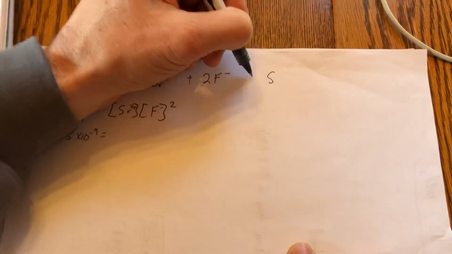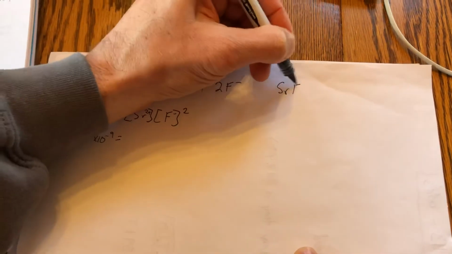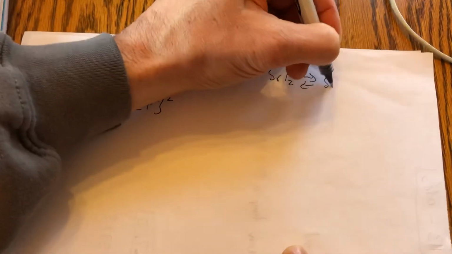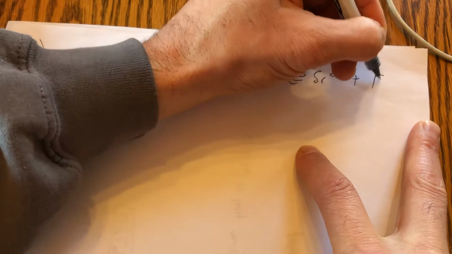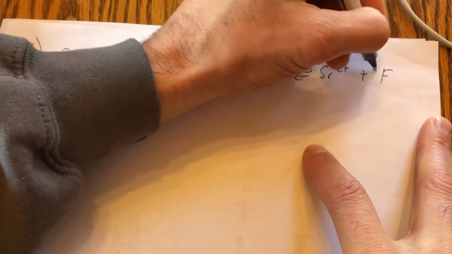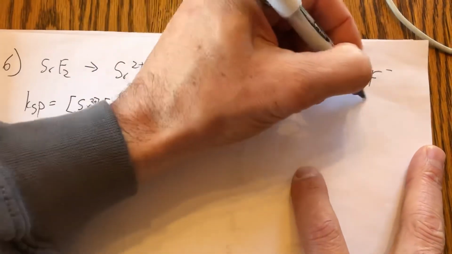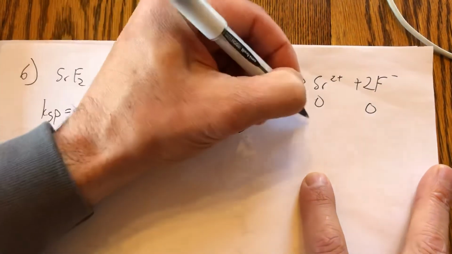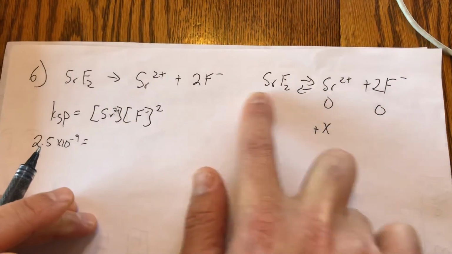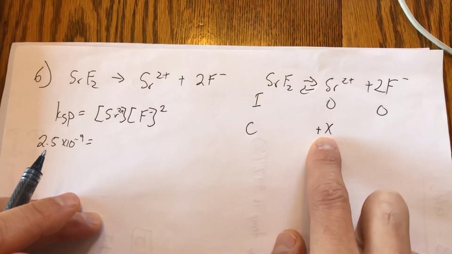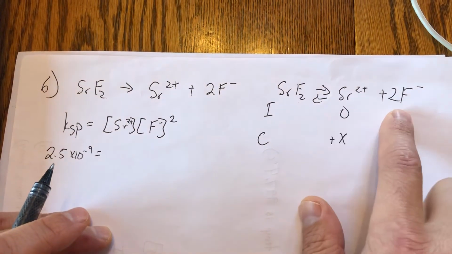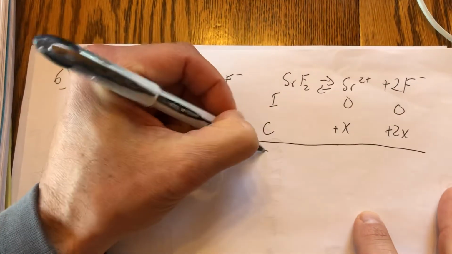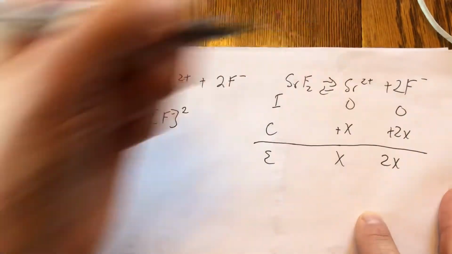So if I made an ICE box, strontium fluoride turns into strontium plus fluorine. Initially, there would be 0. All right, so initially 0. The change, this is going to gain some. It's going to dissolve and some strontium will form, so plus x. This is going to gain twice as much because it's a 2-to-1 ratio. So the gain here is going to be 2x.